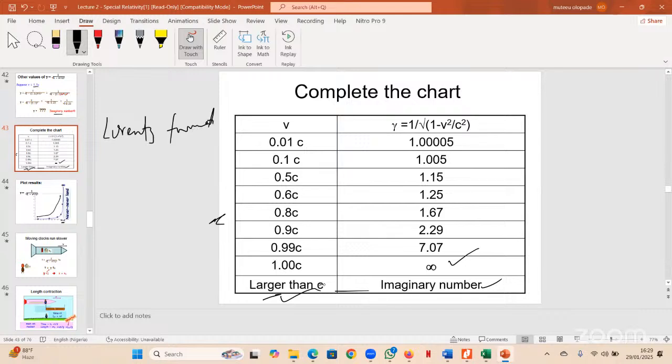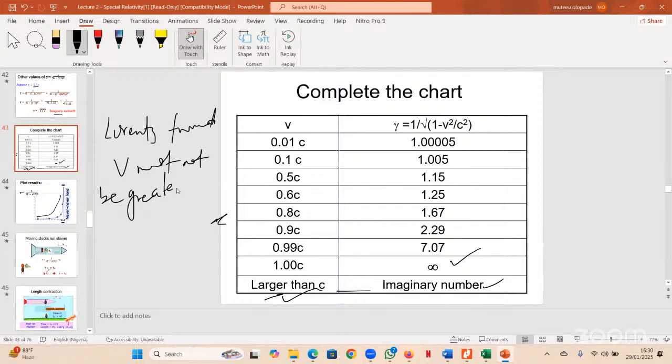One of it is that your V must not be greater than C. So it tells us that whatever speed we are considering, there's nothing on the earth that can travel more than light. So that is basically what you observe.